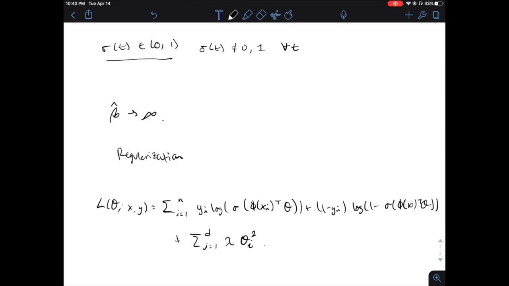This will prevent us from winding up in a situation where we can never actually minimize cross-entropy loss.